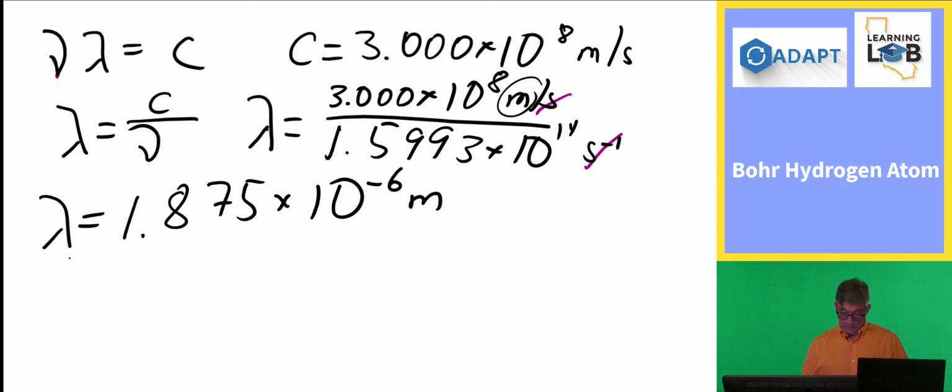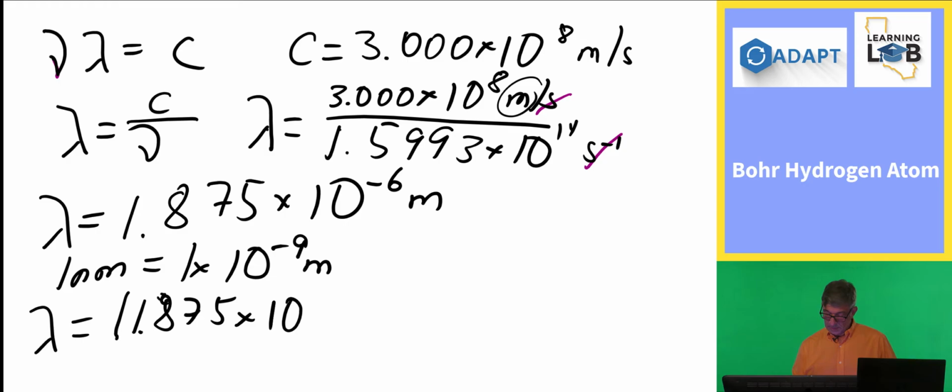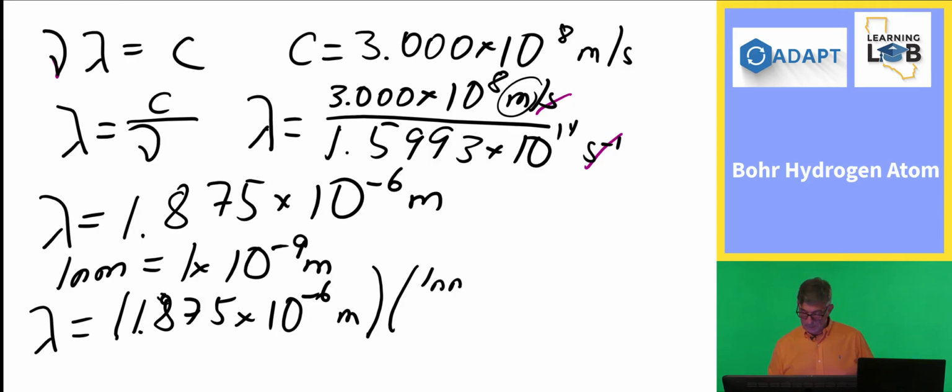We know 1 nanometer equals 1 times 10 to the minus 9 meters. The wavelength equals 1.875 times 10 to the minus 6 meters multiplied by 1 nanometer divided by 10 to the minus 9 meters.